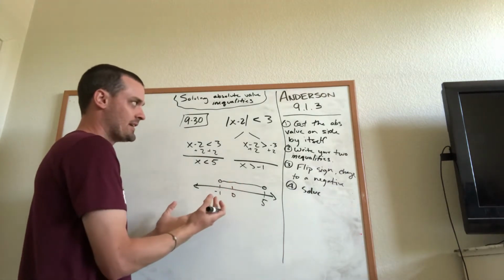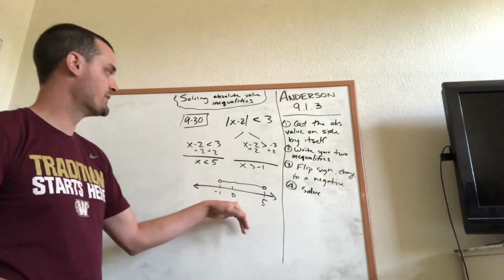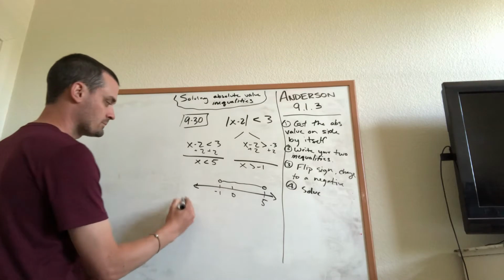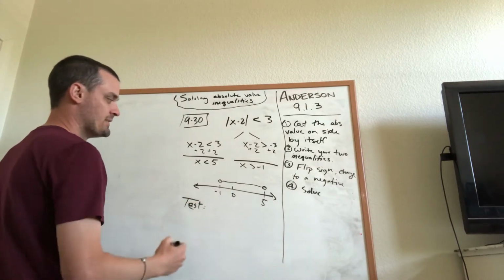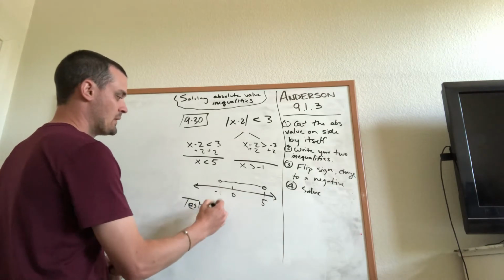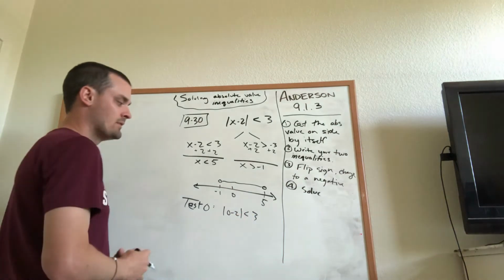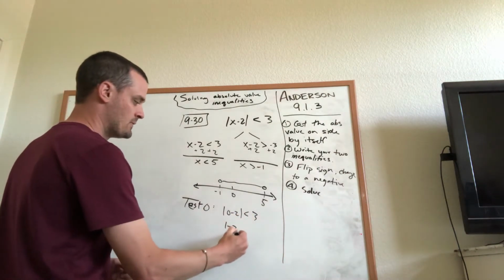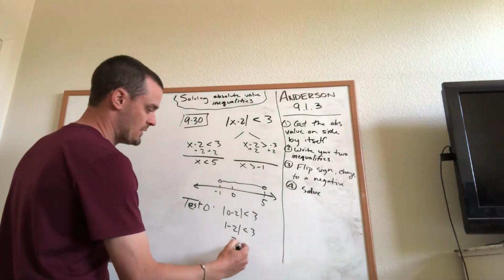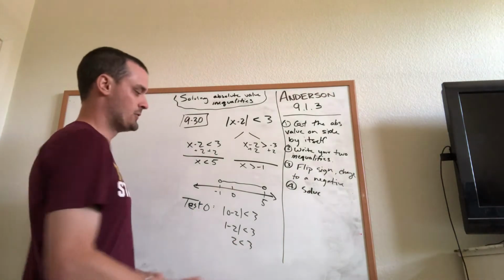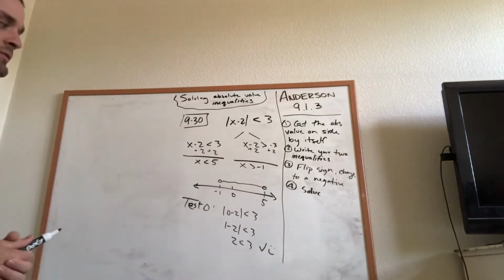So you can always test it out. The easiest number in this example would be to test out 0. That is the word test, so we're going to test 0. Plug it in, we get the absolute value of 0 minus 2, which is the absolute value of negative 2, which is just a positive 2. 2 is less than 3, which is what you're looking for.